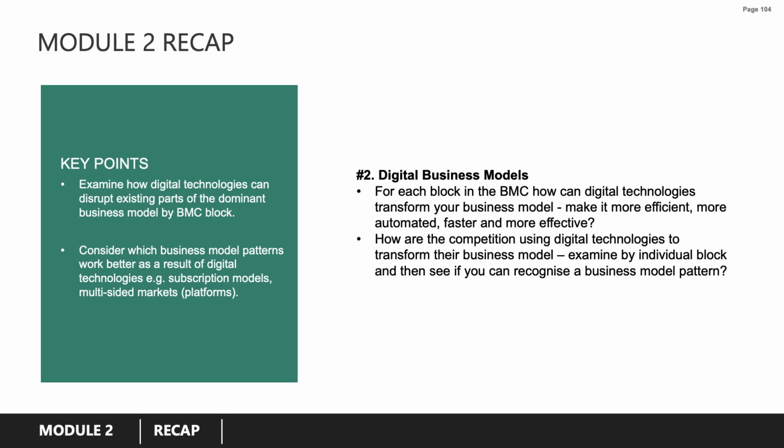In other words, they can help people find each other and then interact and transact. So for each block in the business model canvas, the question to ask is, how can digital technologies transform that block, make it more efficient, automated, faster, more effective? And how are the competition using it in their own business models?